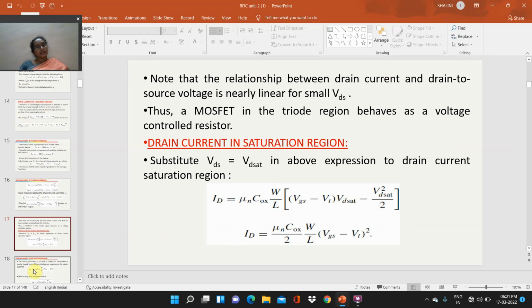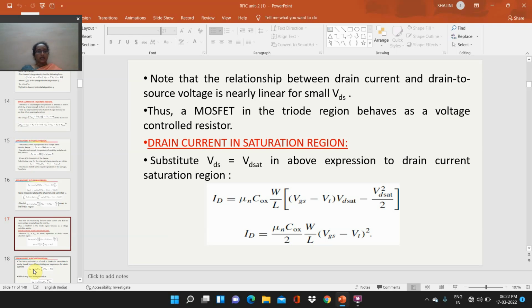Note that the relationship between drain current and drain-to-source voltage is nearly linear for small VDS. Thus, a MOSFET in the triode region behaves as a voltage-controlled resistor. Now the drain current in the saturation region: substitute VDS equal to VD,sat in the above expression.